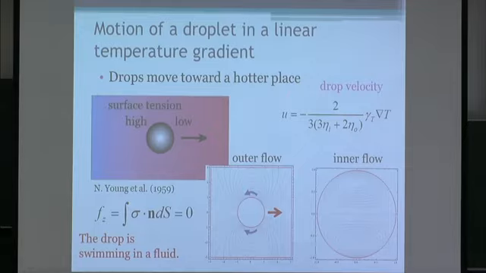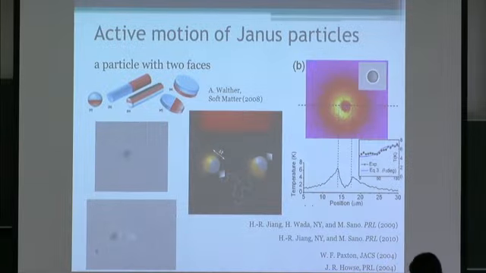So velocity is proportional to the temperature gradient and the proportionality constant of surface tension to the temperature, and depends on the viscosity inside and outside the droplet. So this is the motion under external gradient. No mechanical force, but still motion under some external gradient.